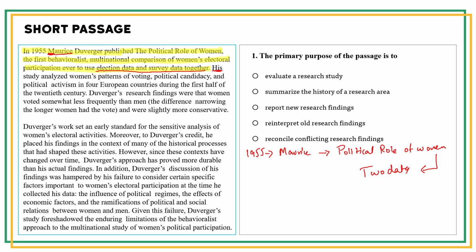All right, so his study analyzed women's patterns of voting, political candidacy, and political activism in 4 European countries during the first half of the 20th century. So his study was basically focused on the first half of the 20th century.